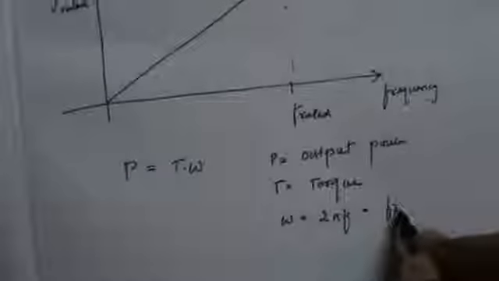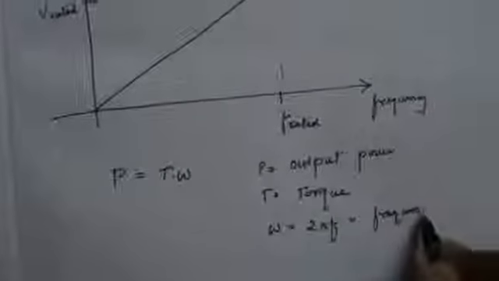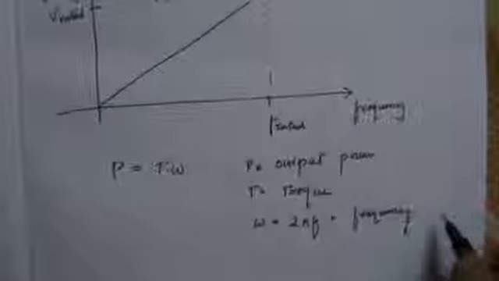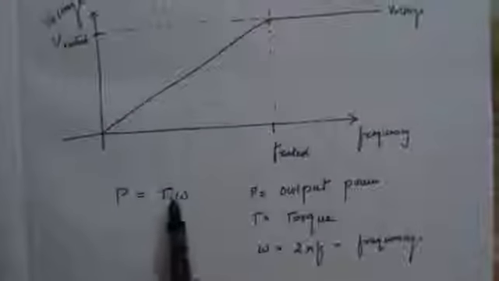So it is actually the frequency. You can relate it easily from the graph. Now what I will do is show you how torque and power will change in this entire graph.